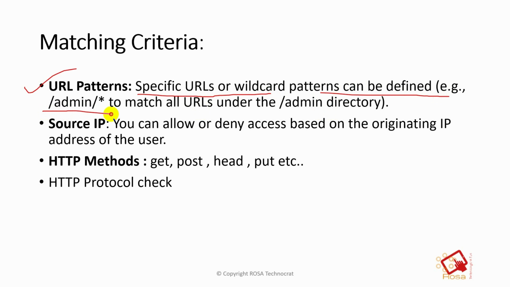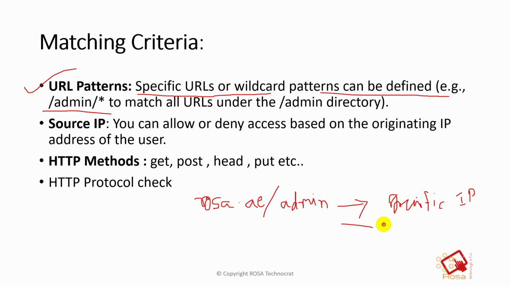For example, if the URL contains slash admin, then do this. Let's say I have a website called rosa.ae and slash admin. I can say if the website contains slash admin, only allow this from a specific IP and deny all others.